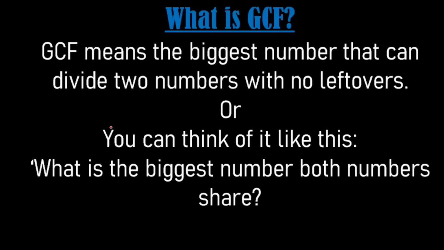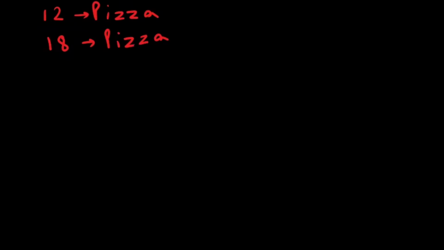Now let's go to our pizza problem so that we can understand the GCF better. Here we have 12 slices of pizza and 18 slices of pizza. This is an example of GCF, the greatest common factor.